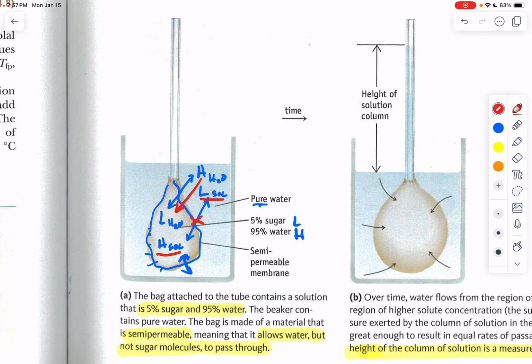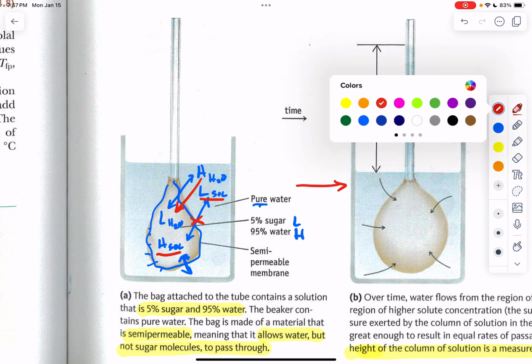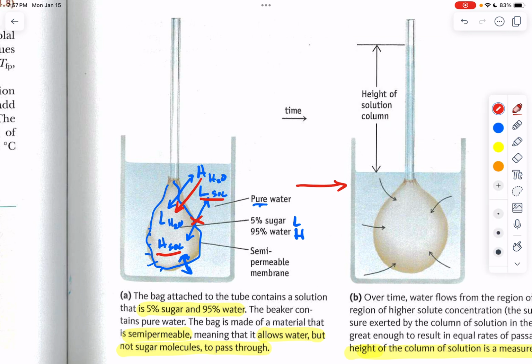And as a result, that membrane begins to inflate. And we have this picture over here, on the right side. And you can see that as water is flowing in, the water begins to move up this tube until eventually it levels off. Now, the reason it levels off is because all this water in the tube has a certain weight, a force of weight, and it's pushing down on this surface area.